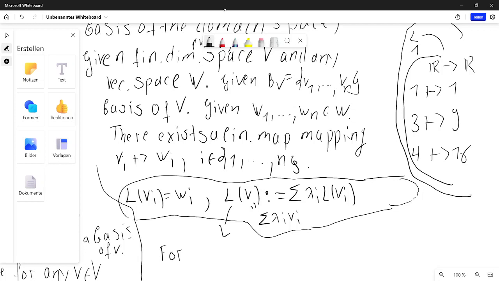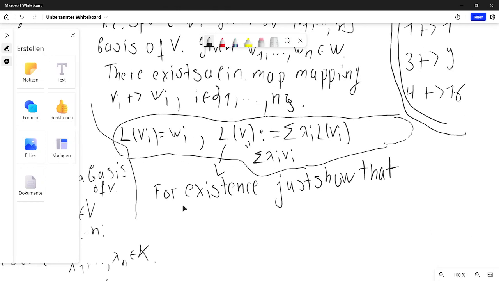So it's not just some obsolete consideration. Right, for existence, just show that the map, so that's our proof of existence.